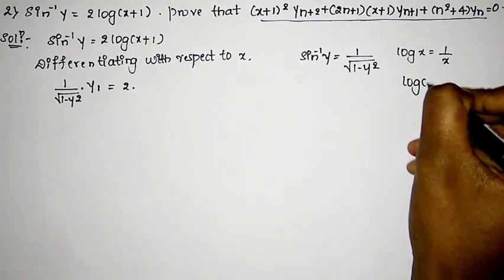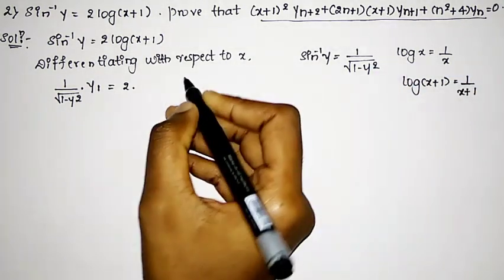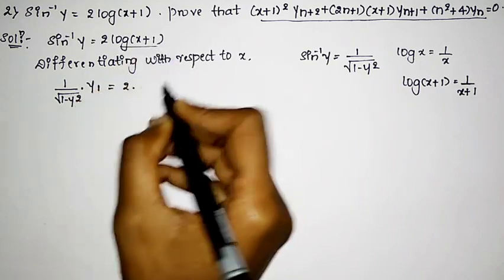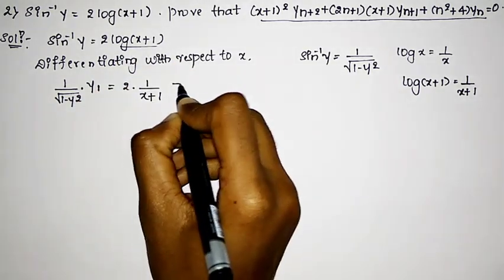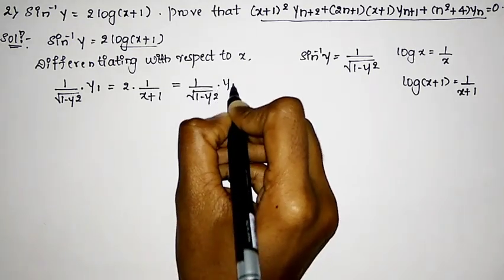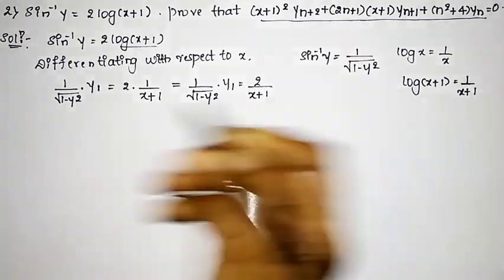Similarly the differentiation of log of x plus 1 is 1 divided by x plus 1. Keep 2 as it is. So we can write it as square root of 1 minus y square into y1 is equal to 2 divided by x plus 1.